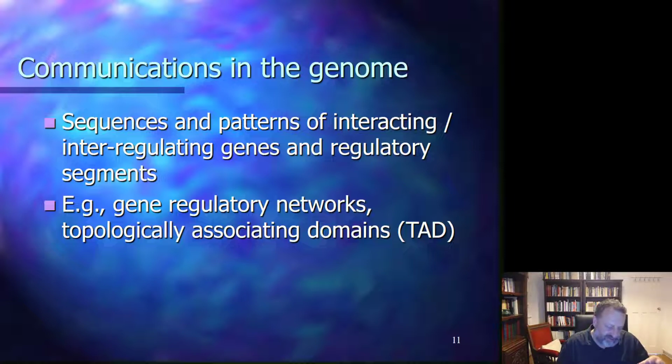So what we can see here is that we have sequences, or in more general sense, patterns of interactions of molecules involving genes and regulatory segments in the DNA, and also RNAs and proteins that are required. And these patterns follow each other. So we mentioned already gene regulatory networks. Another important and relevant element is the topologically associating domains. So these are parts of the DNA that are organized in space such that they are nearby to each other.